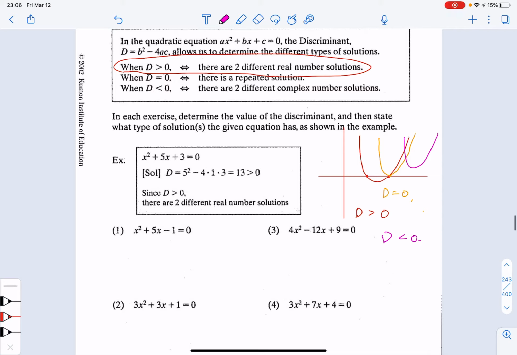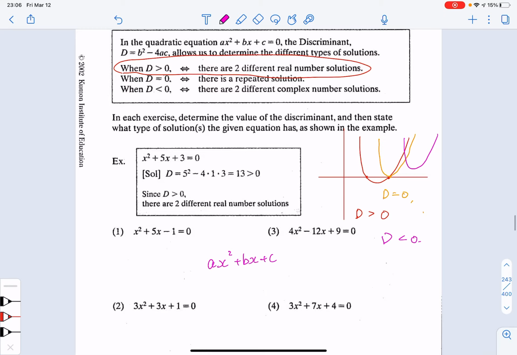The standard form for our quadratic function is ax squared plus bx plus c. Most of the time, we'll need to solve the quadratic function using the quadratic formula or even factorization to see how many roots I have, or whether I have any roots at all. Using the discriminant, we can look at the different coefficients, the a, the b, and the c, to determine how many solutions I have.